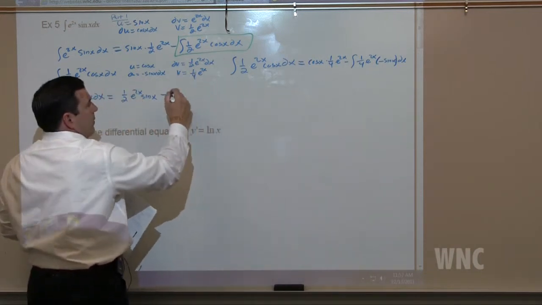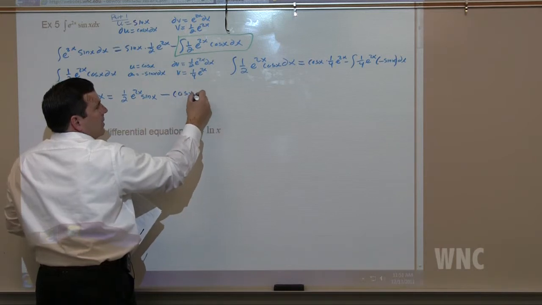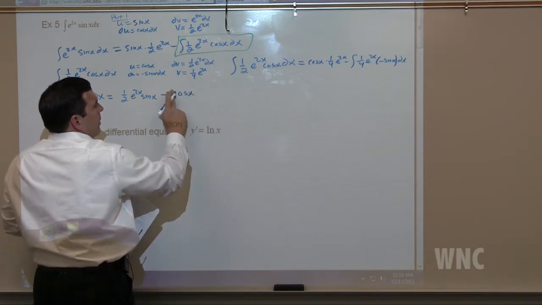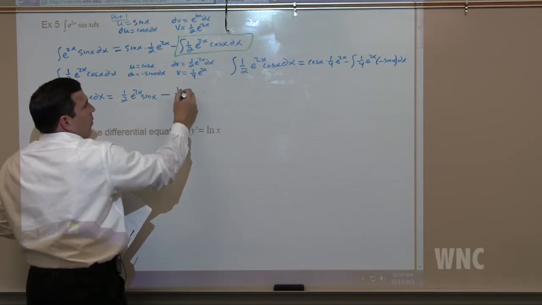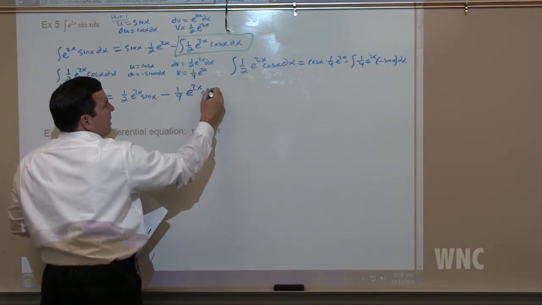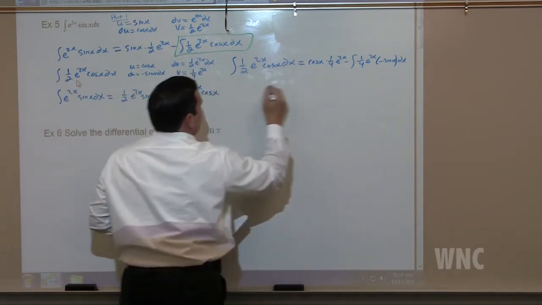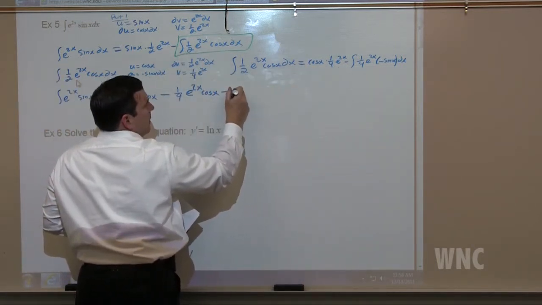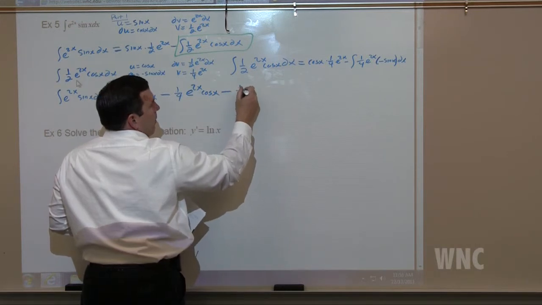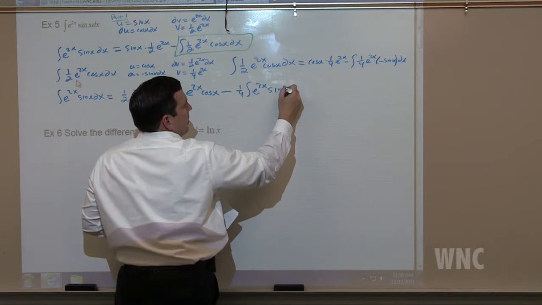We'll worry about the negatives now, because I'm not getting low on space. So cosine x, I'm going to write like this: 1/4 e to the 2x cosine x. We have minus the negative of a negative, which carries through as a minus, 1/4 the integral of e to the 2x sine x dx.